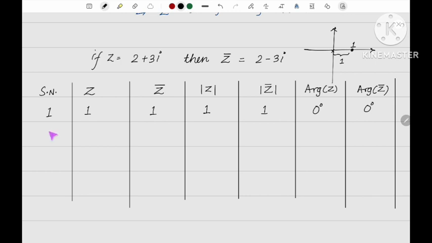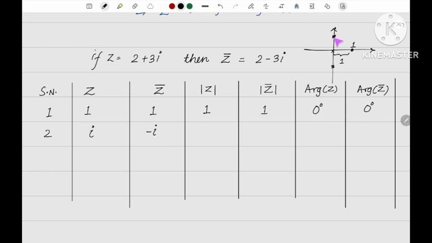Okay, what if z is i? That means z is lying here, right? So what is the mirror image of this point with respect to the real axis? It will go here. So what will be the z bar? Minus i. I have already told you that if you want to find the conjugate of a complex number, just replace i by minus i.